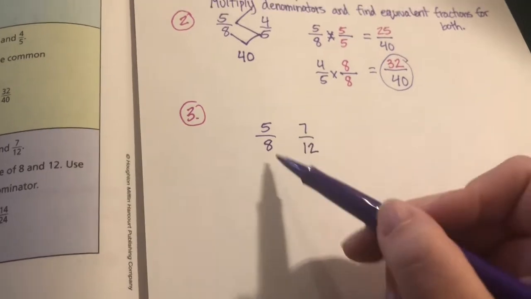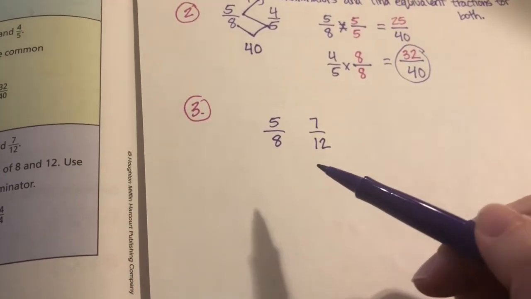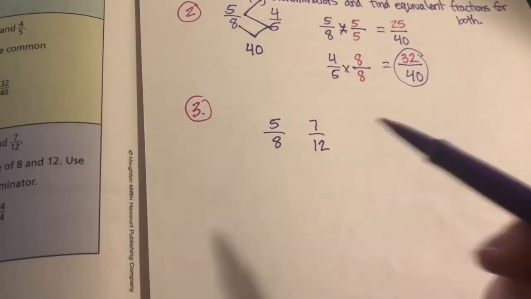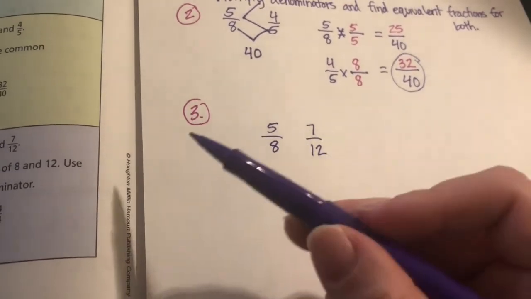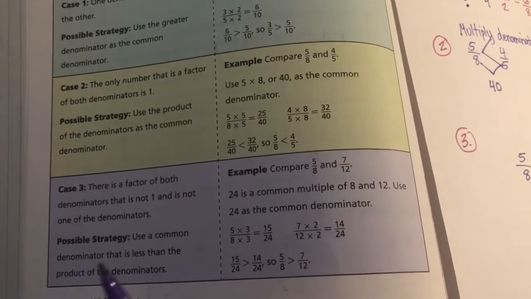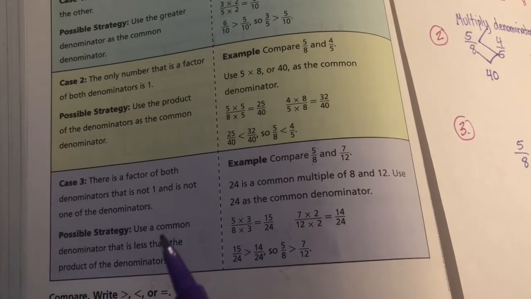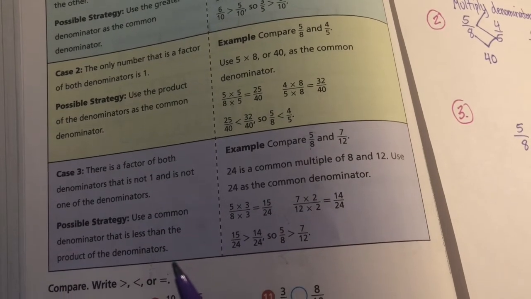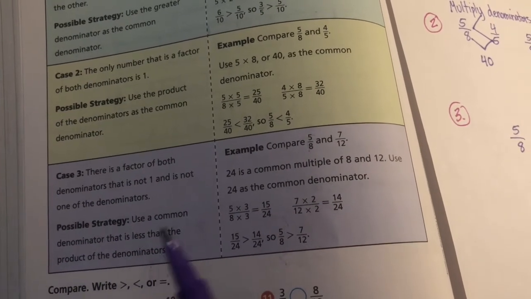If we were to multiply 8 times 12, that would give us 96. That's a really, really high denominator. Now, we could do that, but I'm going to show you a third trick, okay? It says to use a common denominator that is less than the product of the denominators. That's a little bit tricky to understand.